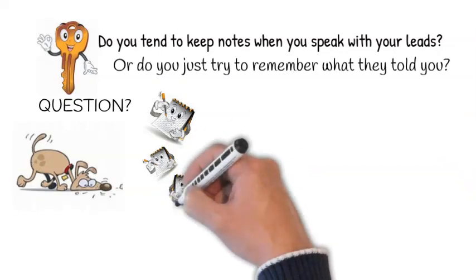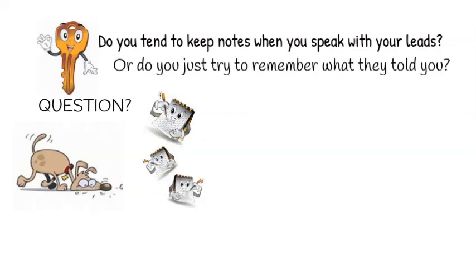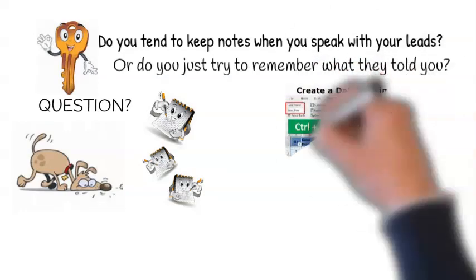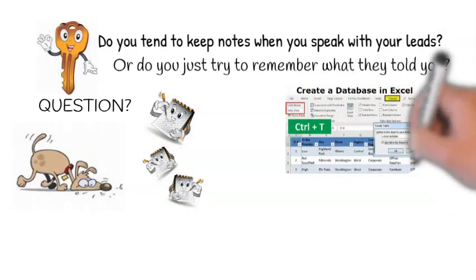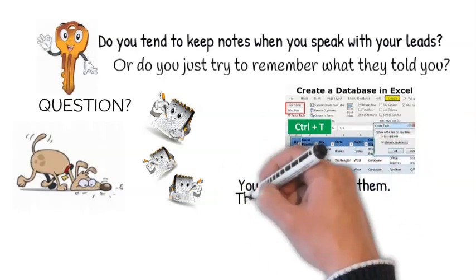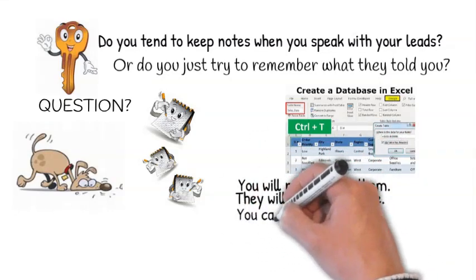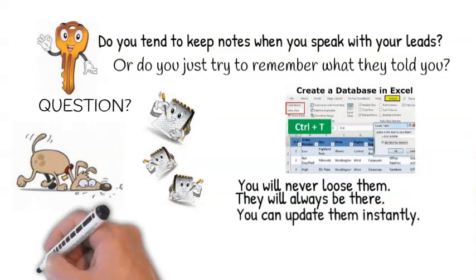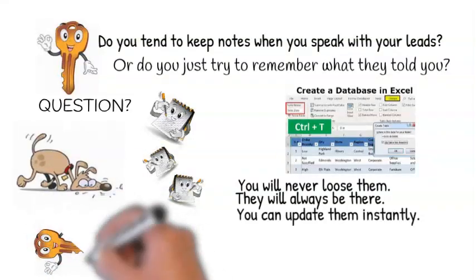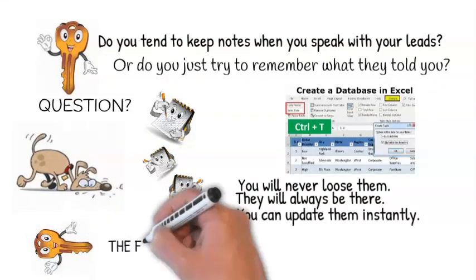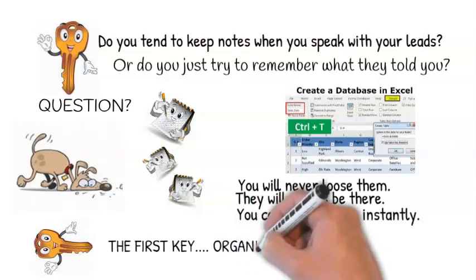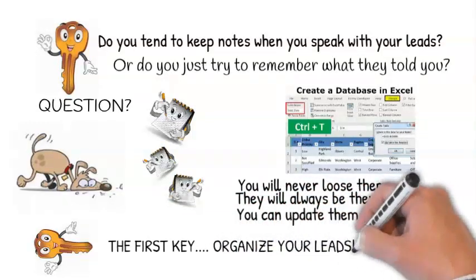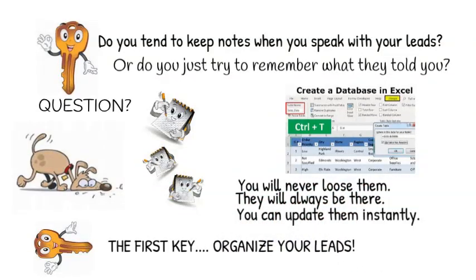They'll always be there. You can be looking at them on the screen when you speak to people. You can update them instantly, and you don't have to transcribe them later. Does that make sense to you? That is the first key. Organize your leads.